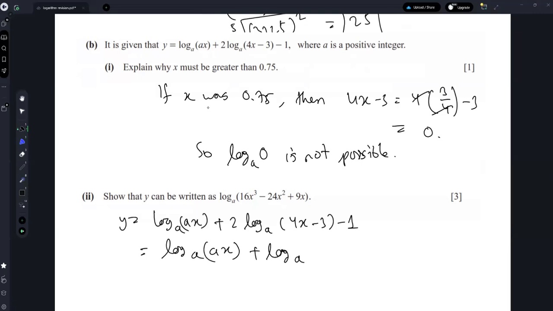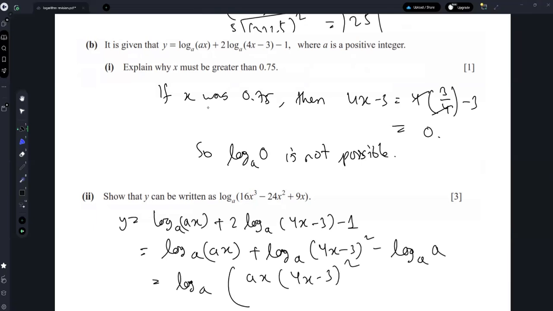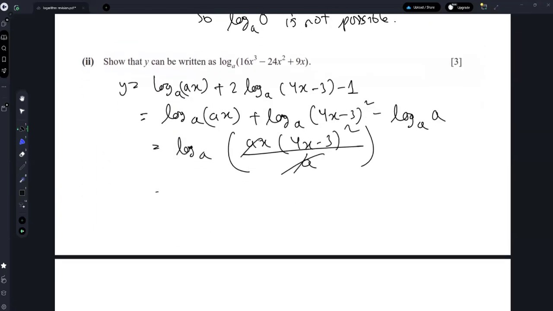And then I have (4x minus 3) whole square because I did this as a power, log base a of a. Then now we have log base a of ax times (4x minus 3) whole square divided by a. The a's cancel out. So therefore we get log base a of x into (4x minus 3) whole square.